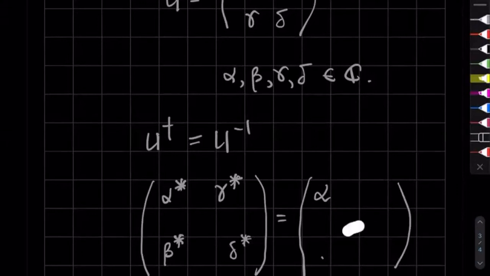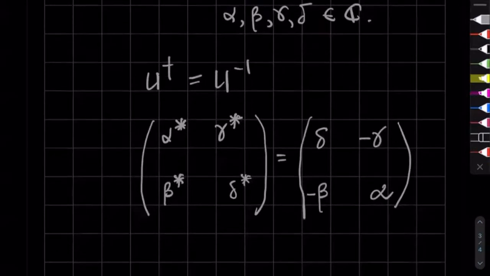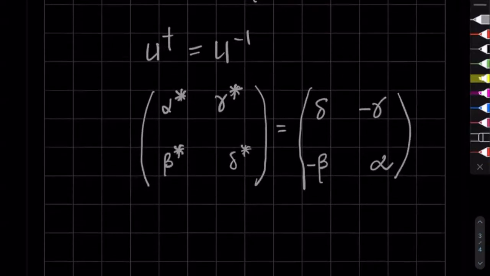Yeah, this is delta, and alpha on the 2-2 position, and then minus gamma in the gamma position and minus beta in the beta position. And the determinant is 1, so you have no cofactor, because there's a division by the determinant.